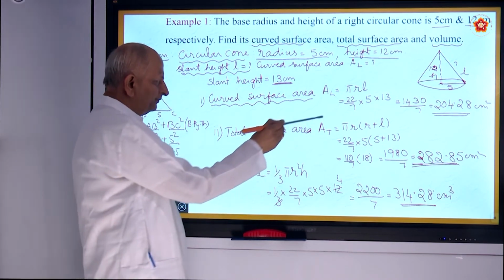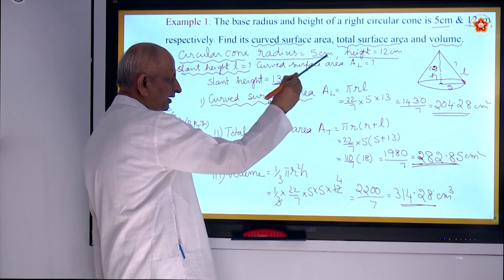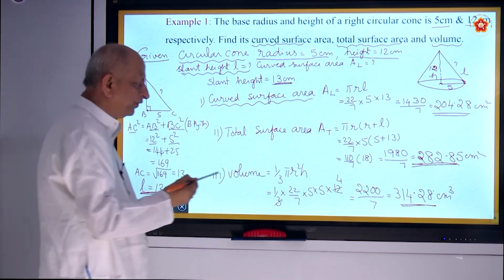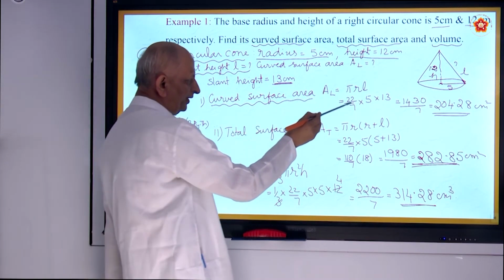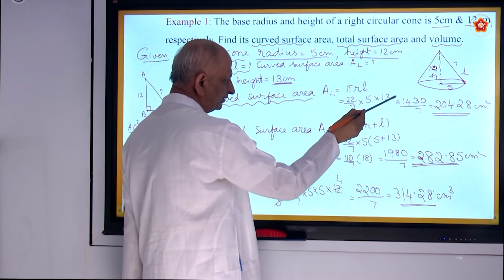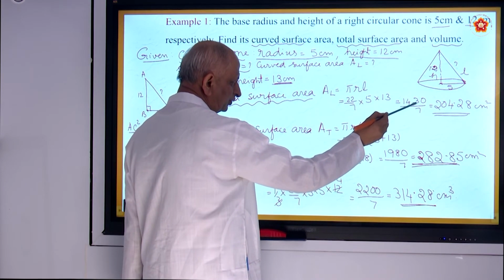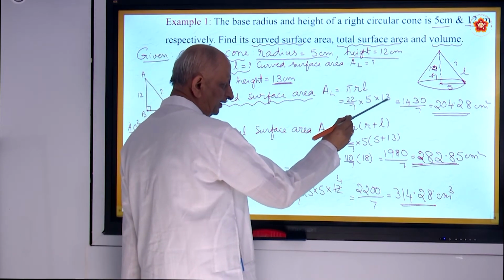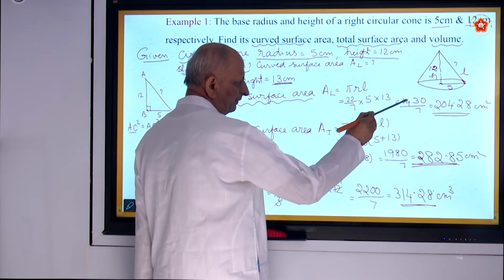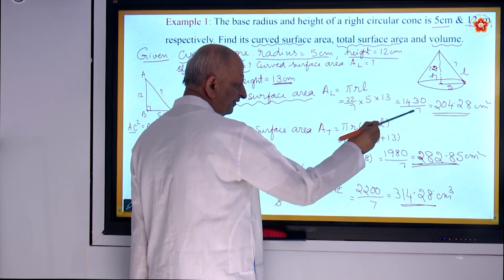What is pi? 22 by 7. What is R? 5 is given here. What is L? Just now you found out 13. So, 22 by 7 into 5 into 13. Multiply this, you get 110 into 13, which becomes 1430 by 7.